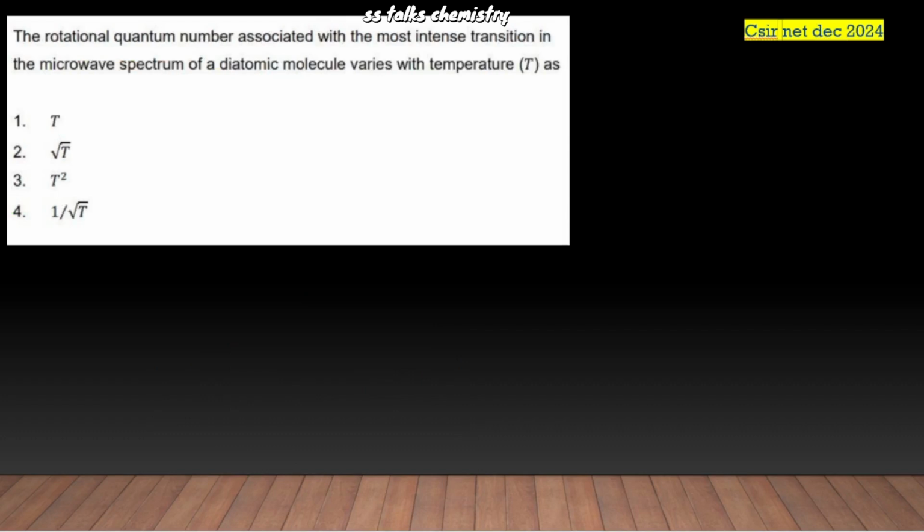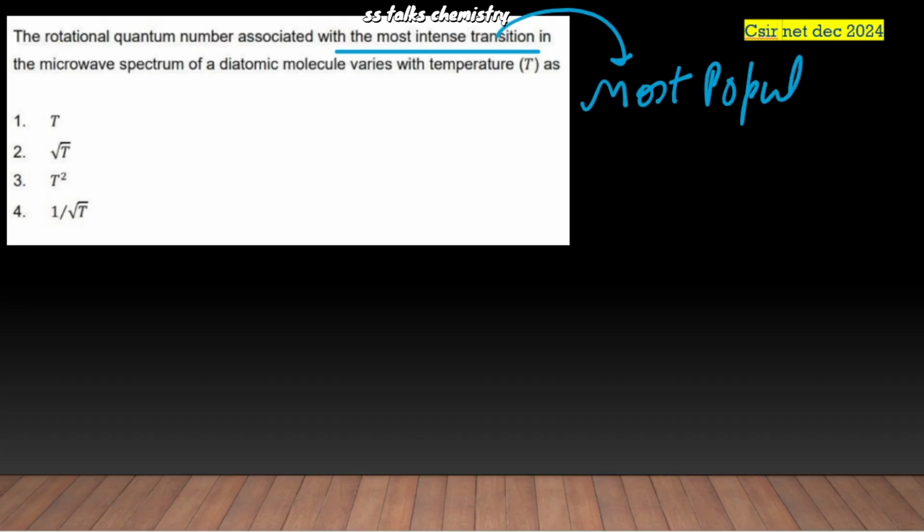The rotational quantum number associated with the most intense transition. The most intense transition takes place from the most populated level, which means the J max value they are talking about, right? Because rotational quantum number means the J values, in the microwave spectrum of a diatomic molecule, it varies with temperature, so you need to find the J max value.